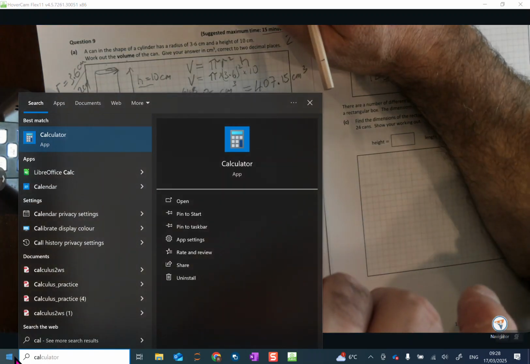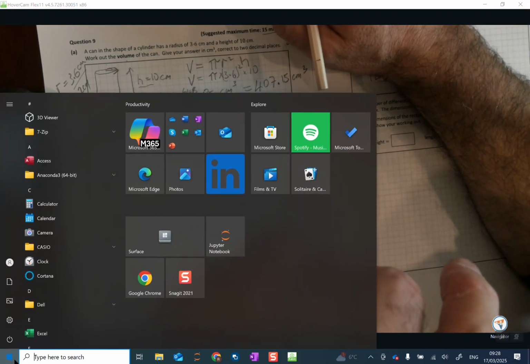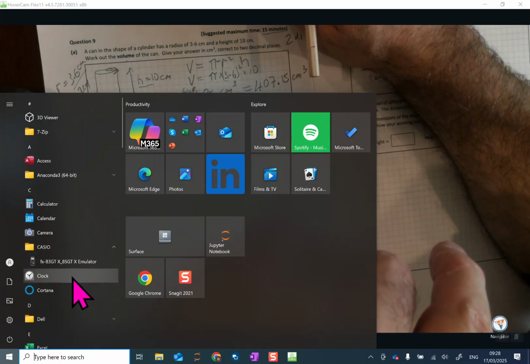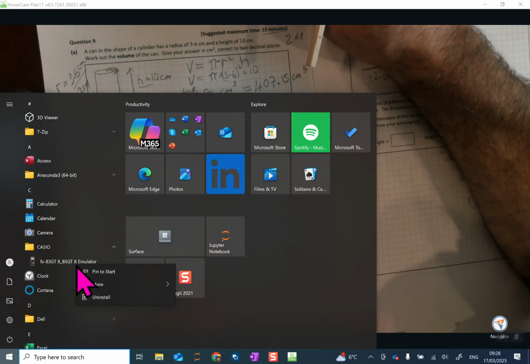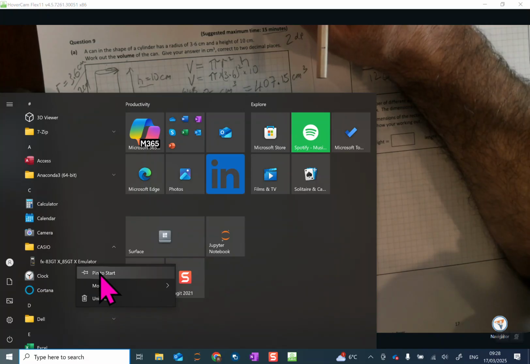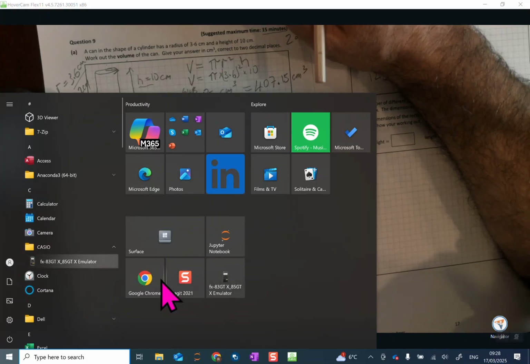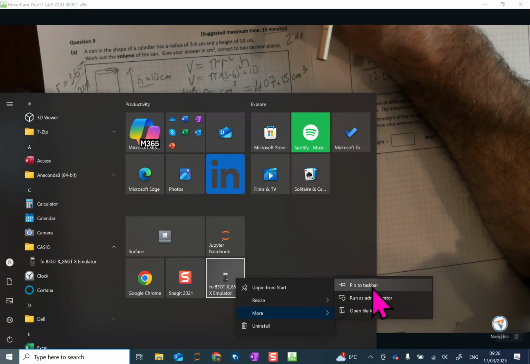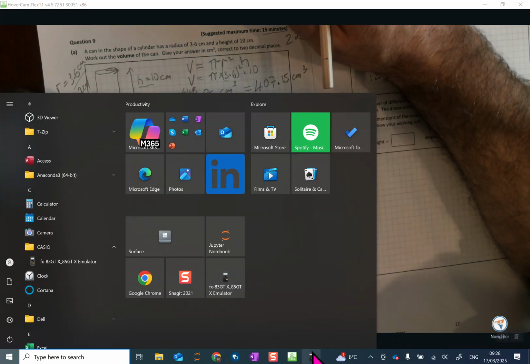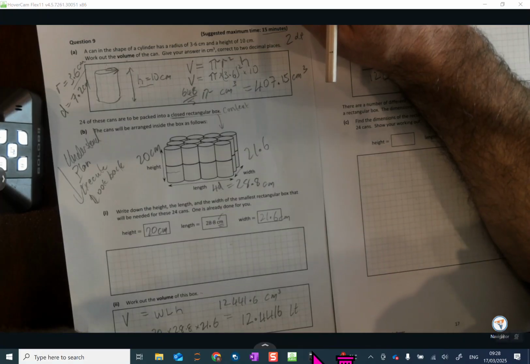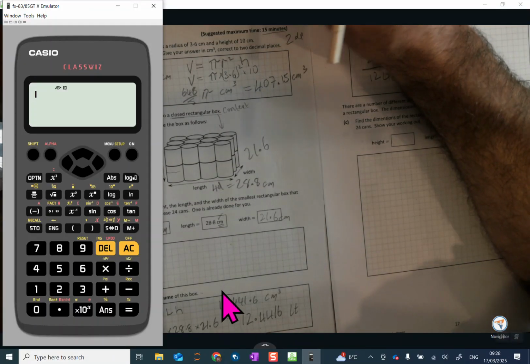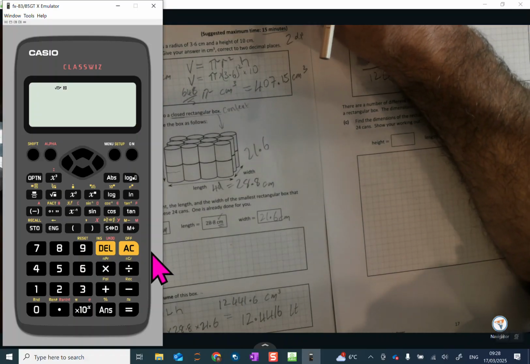Okay, hold on now. We're going to have to dig this out from Casio. Okay, let's get this onto my taskbar for quick pin to start. Fine. And I'm going to also pin it more, pin to taskbar. Excuse me. Okay. Now, should be coming back a bit quicker in future.